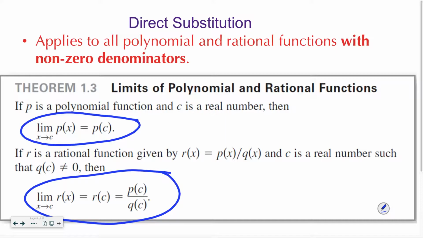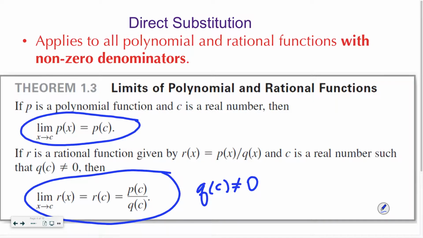So what I circled in blue, that's really what I would write down. I don't think you need all of the other words. Just make sure that our denominator is not going to equal 0.